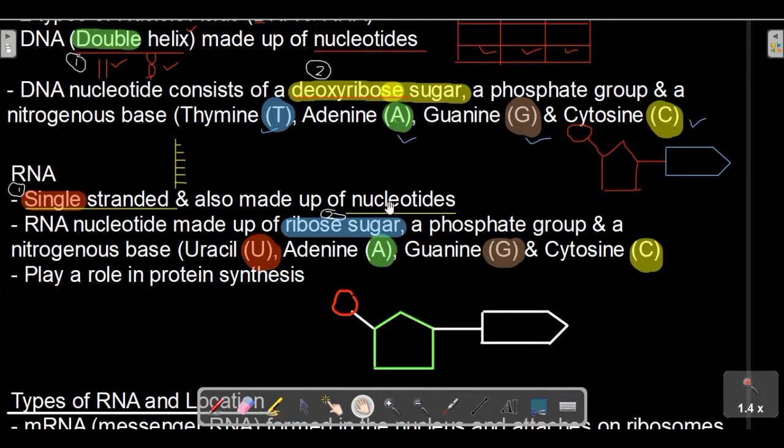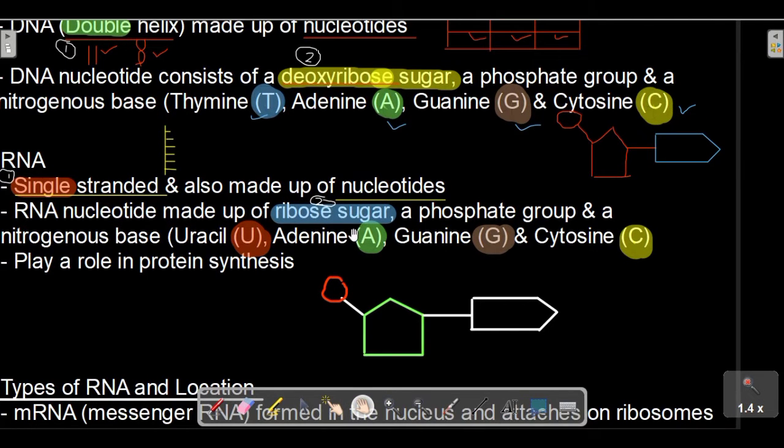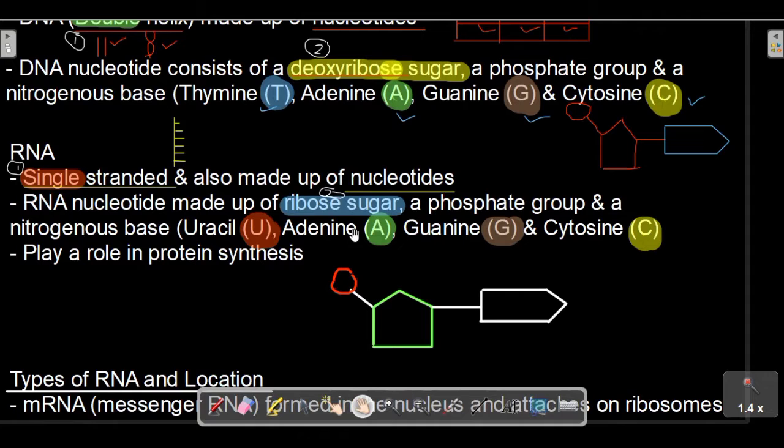So we're saying that nucleotides of the RNA, particularly the mRNA, we'll get to that, each nucleotide is made up of a ribose sugar, a phosphate group, and a nitrogenous base. Of course, both of these are similar because the DNA has those as well, particularly the phosphate group.